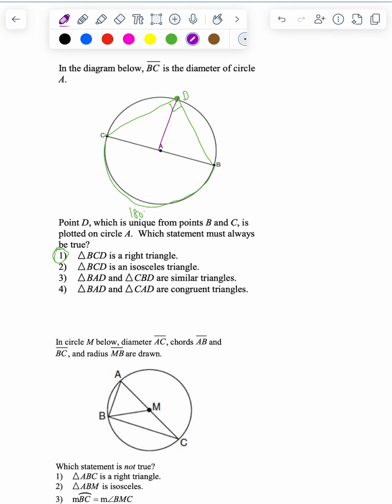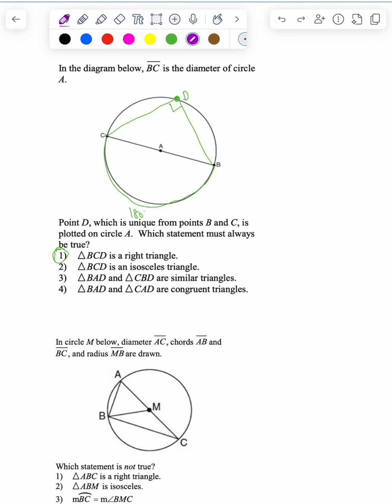Wait, it says BAD and CBD. Oh, they could be similar, the big triangle and the small one, but we don't know another angle because I don't know if this is being split at 90 degrees. I don't know another angle, so I'm not sure if that's true from what we have here.